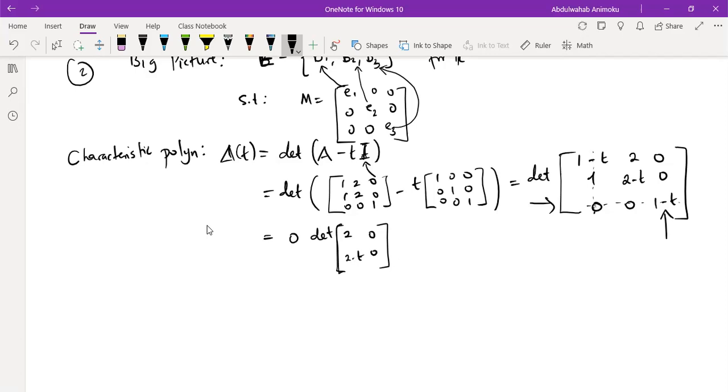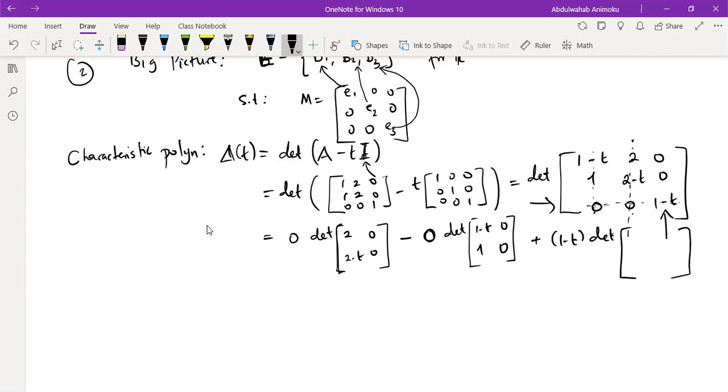Then we put a minus for the second entry, then we have 0 again, then we find the determinant of the 2 by 2 matrix when we block out the column and row, so we have 1 minus t, 0, 1, 0. And then finally, we have the last entry, which is 1 minus t, times the determinant of what?